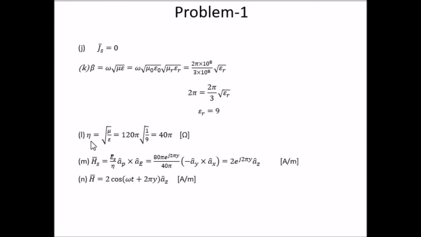Then the wave impedance is root of mu over epsilon, so with epsilon r equal to 9 and a non-magnetic medium, we got 40 pi. And for Hs, we use the formula here. From this formula you get this Hs, and in time domain it becomes this.